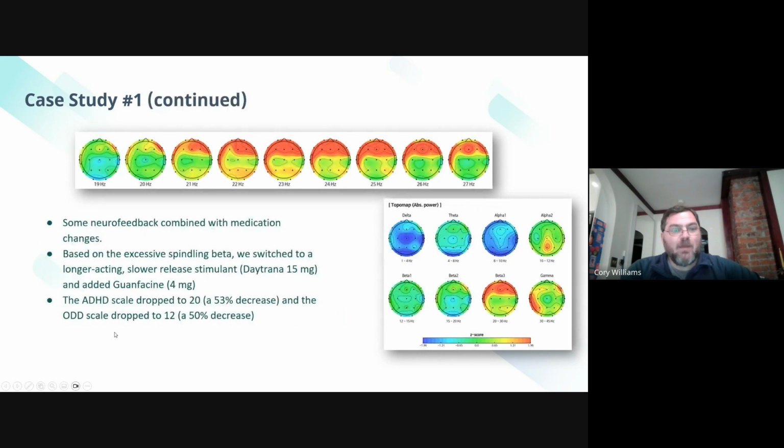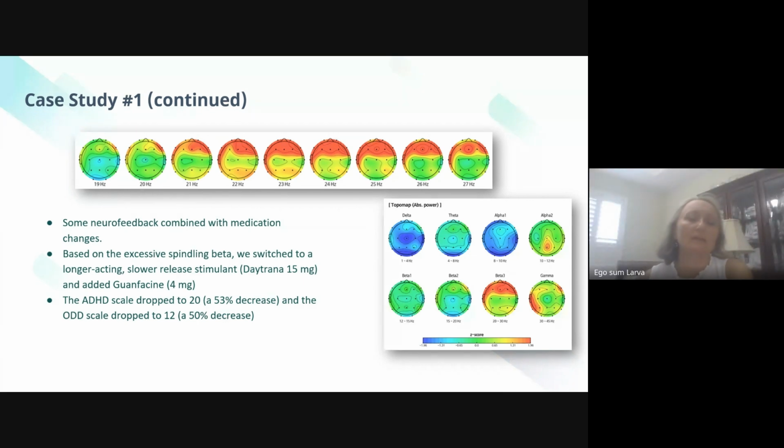And then, Susanna, do you want to talk a little bit about why we changed the meds for this kiddo? Yeah, so this kid was having, this is probably a pretty common presentation that we see a lot of in kids. It's a combination of some ADHD symptoms and some anxiety types of symptoms.